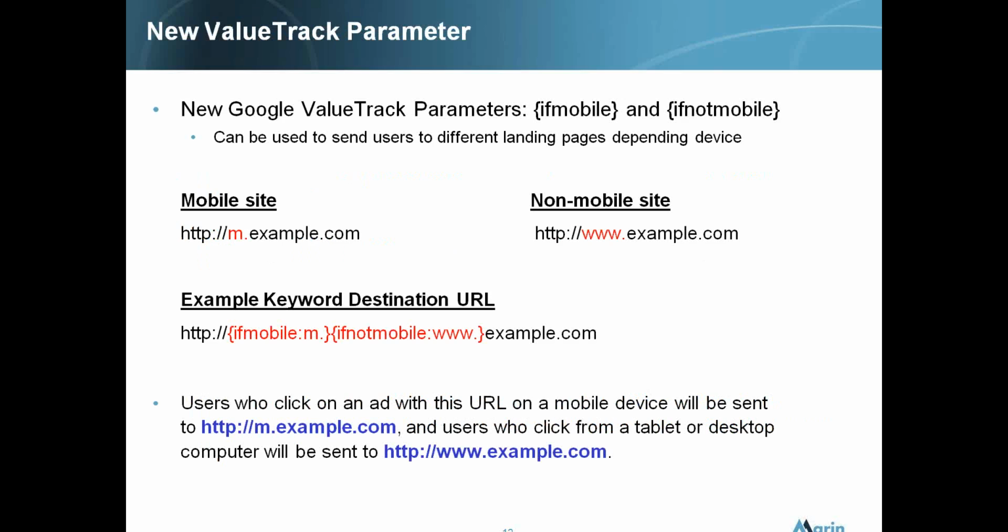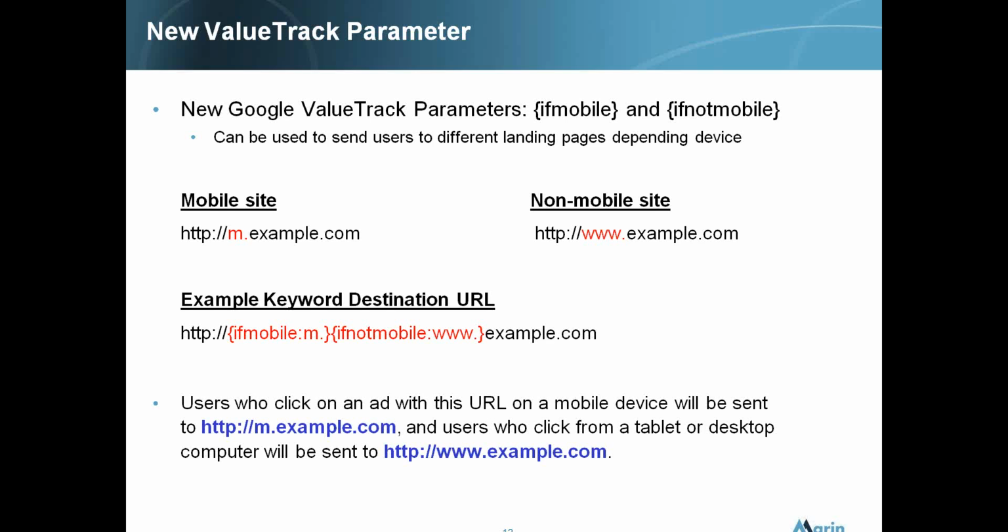To go into further detail for this new ValueTrack parameter that Google is making available, simply put, what these parameters do is that it will allow advertisers to send users to different landing pages depending on device.